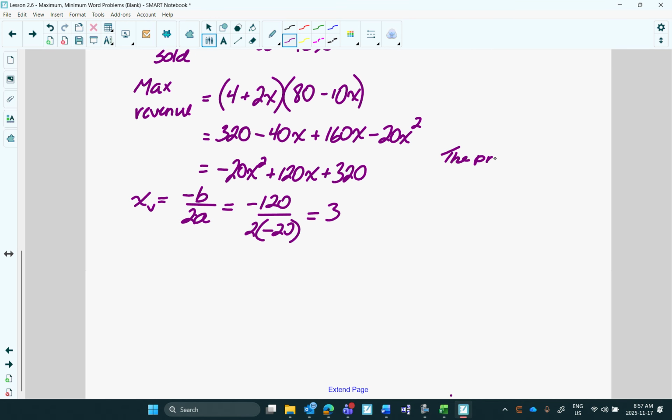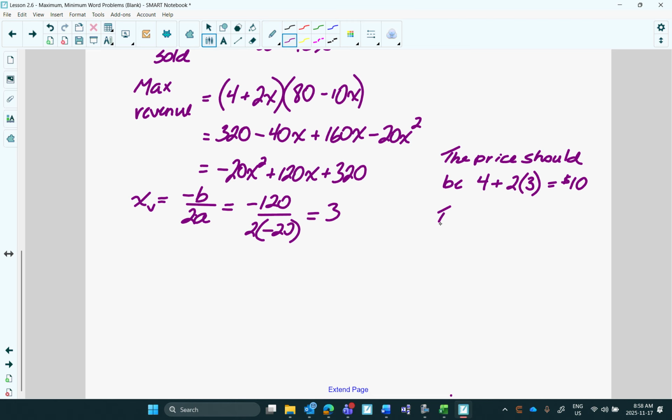So the price should be what? Be careful with this one. What's the original price? Plus 3 $2 increases. So the price should be $10.